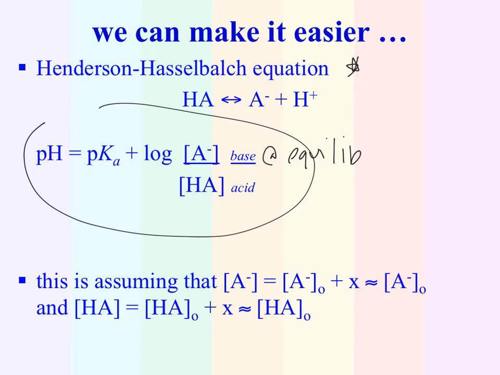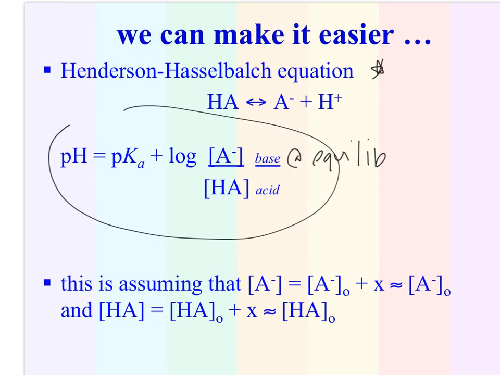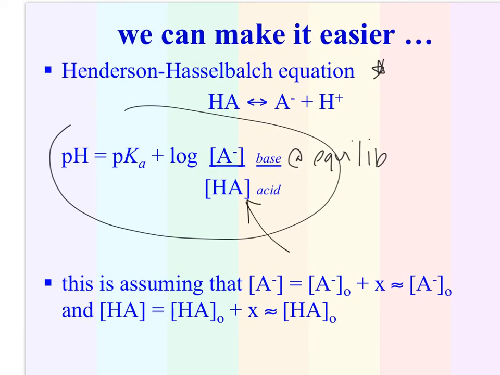With the Henderson-Hasselbalch equation, what we're assuming is that the concentrations of our conjugate acid and our conjugate base at equilibrium are basically equal to the initial values. So with that assumption in mind, we can take our initial values and plug them into this equation, assuming that we're dealing with a buffered solution.